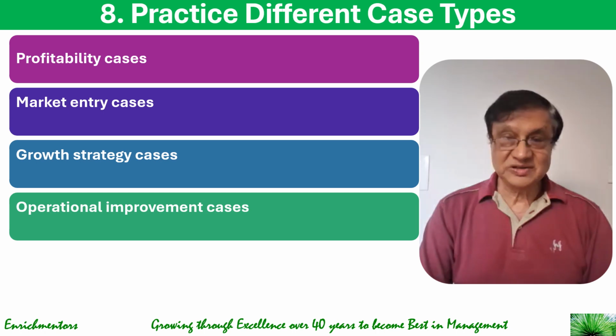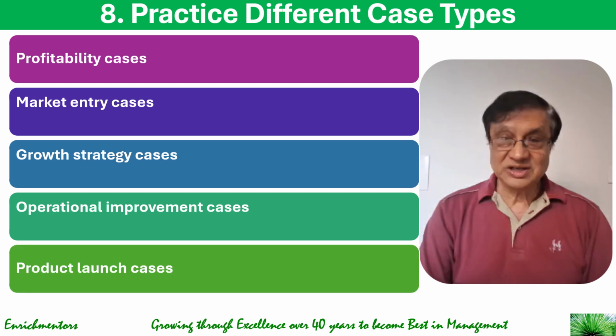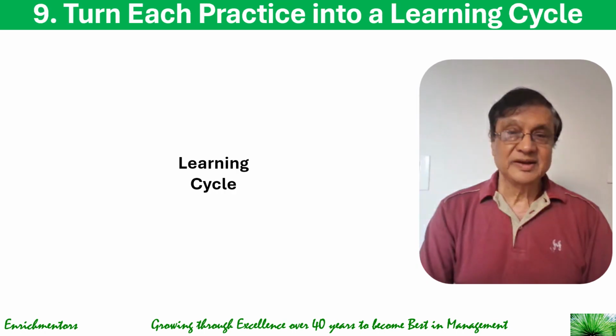Operational improvement cases, in which you ask how to reduce cost or increase efficiency. Product launch cases, where you answer whether a new product should be launched. And you can practice different types of these cases, and that will improve your business problem solving skill.